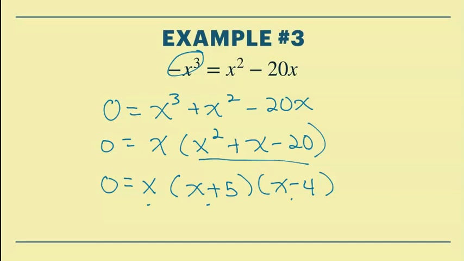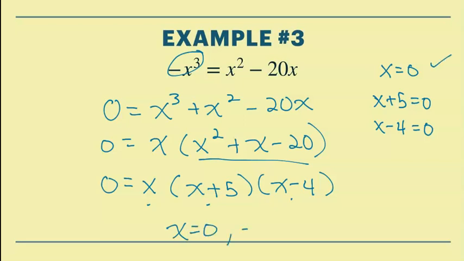So either x is 0, x plus 5 is 0, or x minus 4 is 0. So I have 3 tiny equations that lead to my solutions. x is 0 from the first one, x is negative 5 from the second one, and x is positive 4 from the third one. So these are the 3 solutions to this equation.